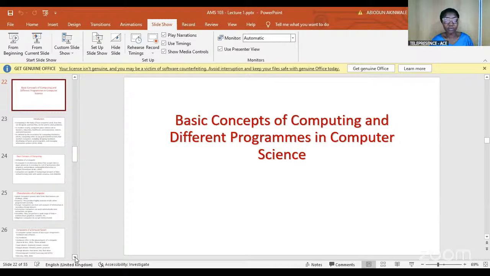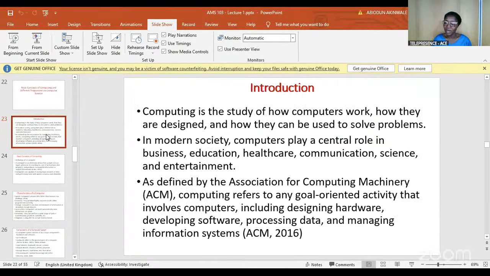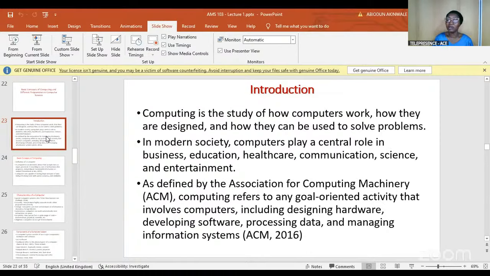Basic concepts of computing and different programs in computer science. So here now we are getting to the nitty-gritty of today's lecture. The computing and different programs in computer science, not management science. So the introductory aspect of this gives us the background about what and how and the components of what we mean by computing.